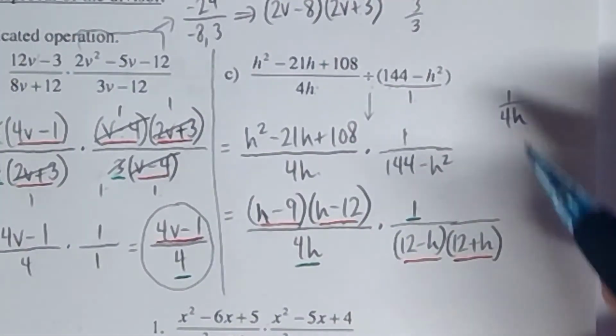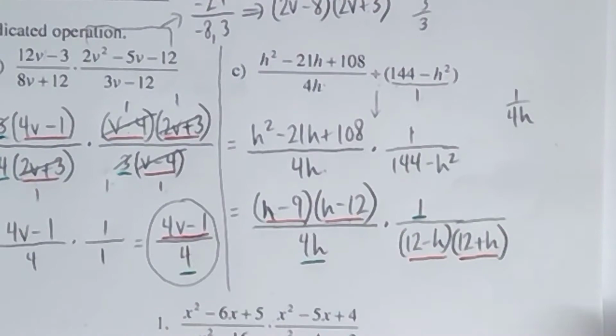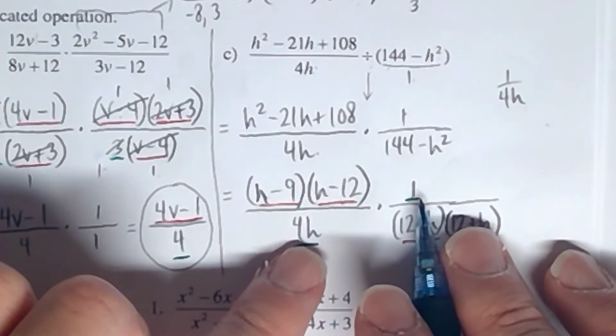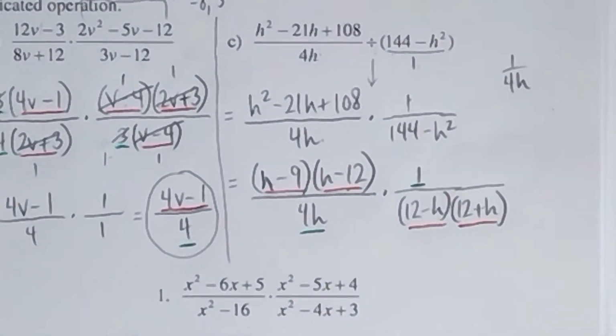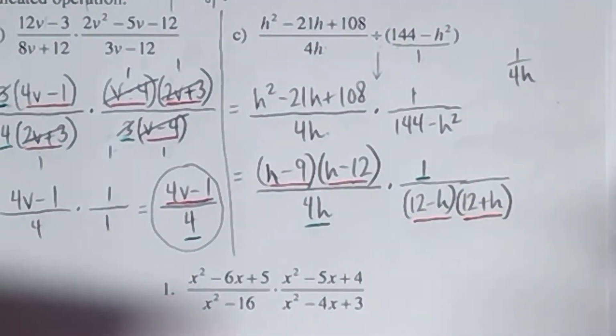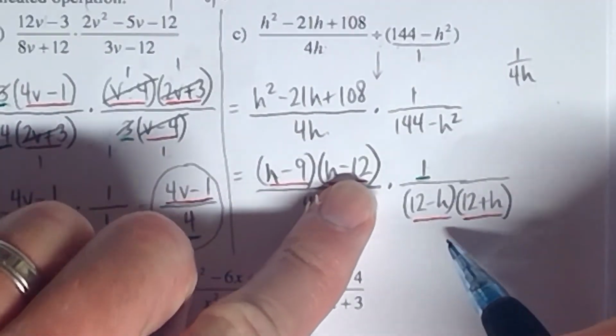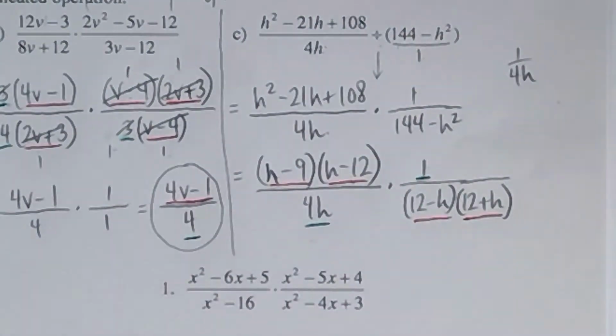Since it is, however, you leave the 1 and the 4h alone. So since the 1 and 4h don't cancel at all, we skip the green step and move on to the red step. The red step is where you cancel if you have a red one on top and a red one on the bottom that's exactly the same, or if it has that same term opposite sign thing going on.